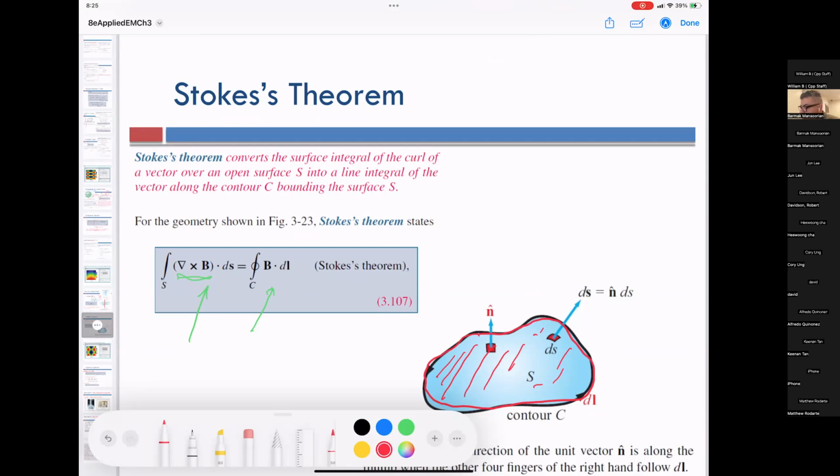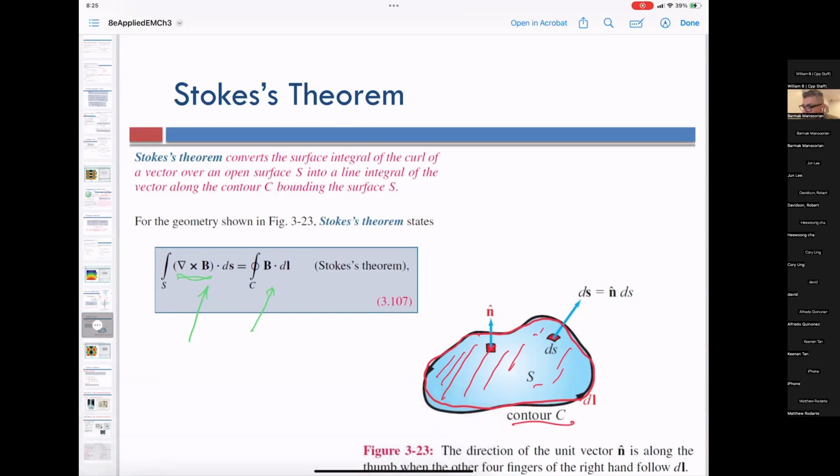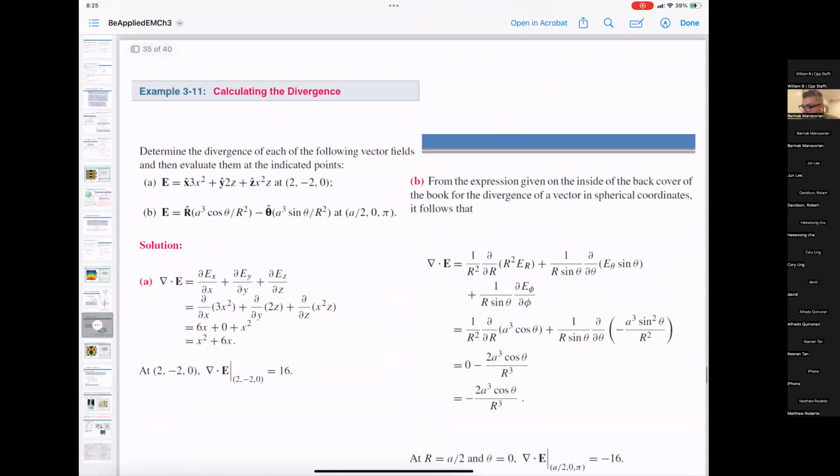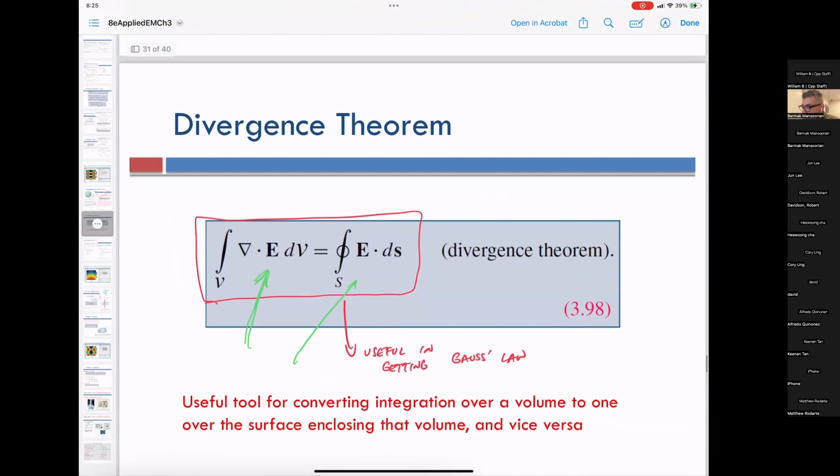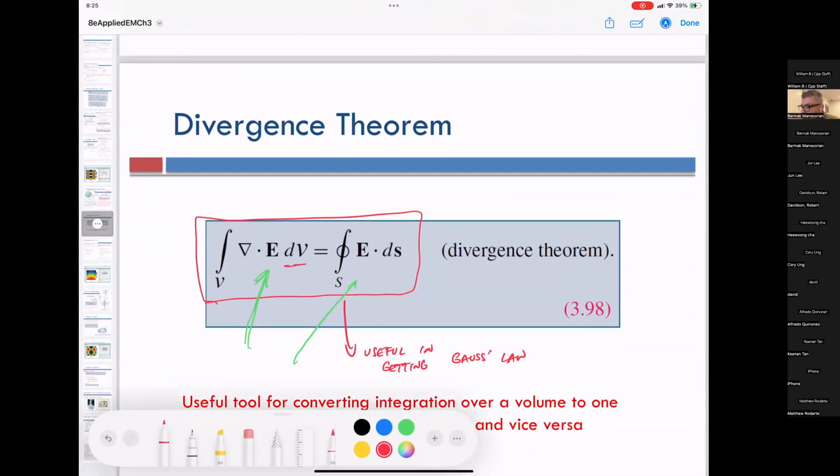Now notice that this same contour, this was a little confusing to me when I first looked at this. This contour C, when we're looking at the divergence theorem and you have a volume, there's only one surface S that defines that volume.